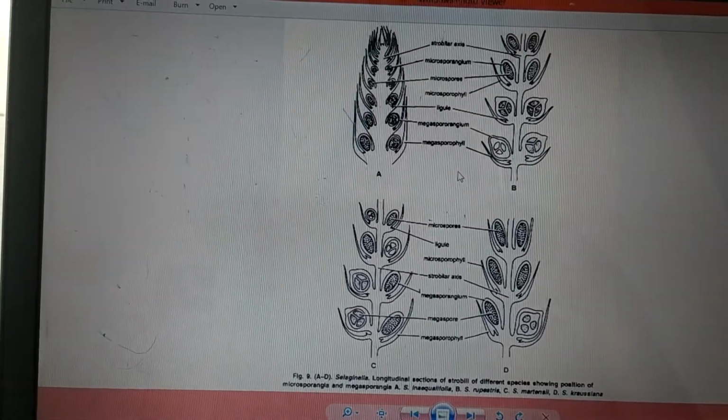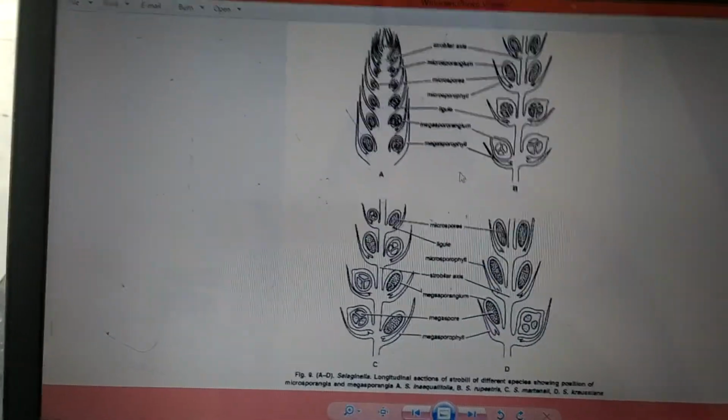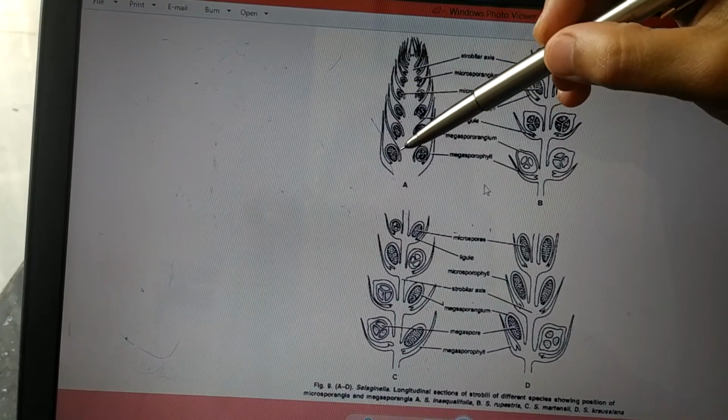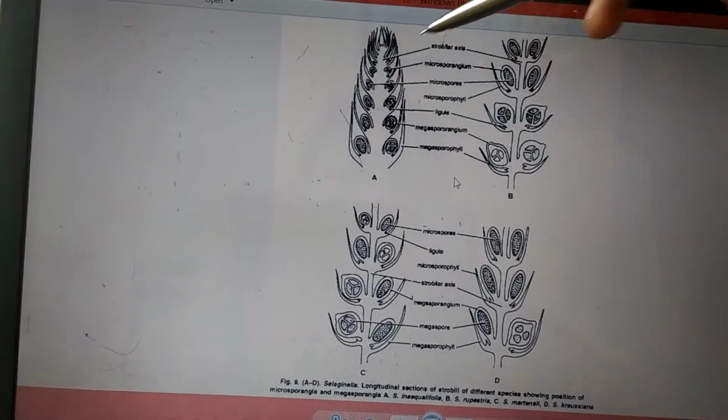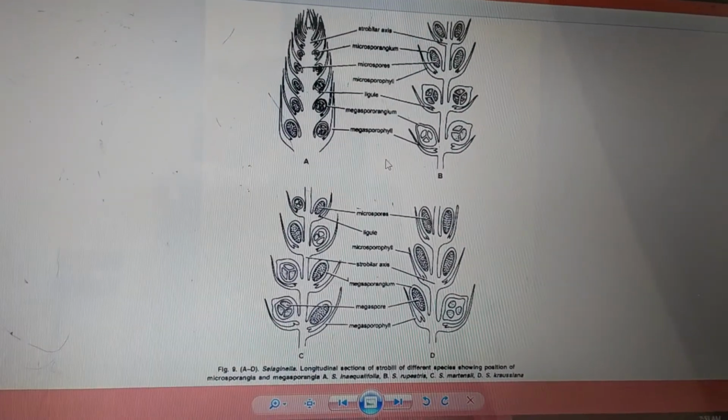In Selaginella inaequifolia, we see microsporophylls on one side and megasporophylls on the other side.